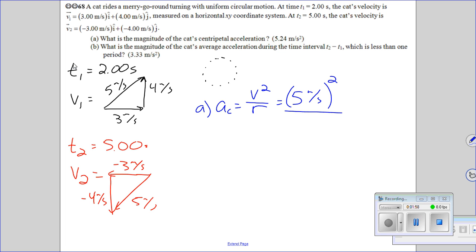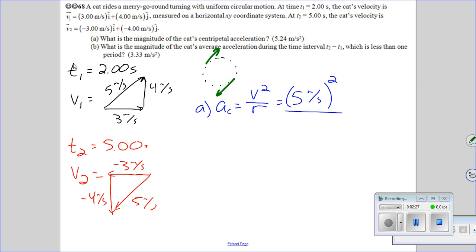So here's what I notice. These two velocity vectors are anti-parallel, right? They're parallel, but one of them points forward and one of them points backwards. So regardless of which way the merry-go-round is going, maybe it's here after 2 seconds and here after 5 seconds, because those two vectors are anti-parallel, that means that the merry-go-round has gone halfway around.